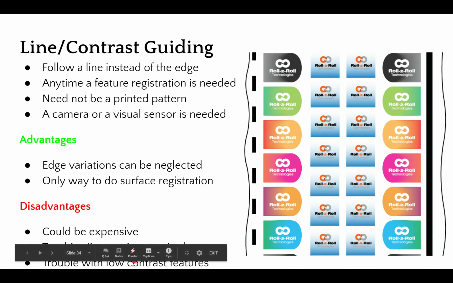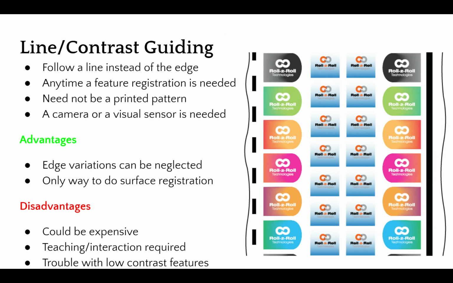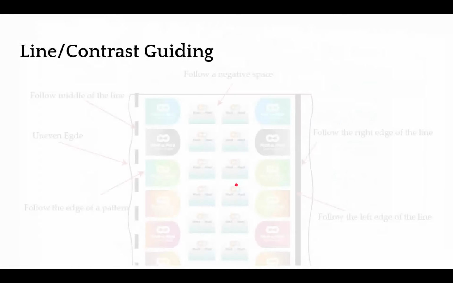The most common problem you see with this is low contrast features. That means the feature on the web and the background of the web don't have enough contrast variation that you can pick up that feature properly.